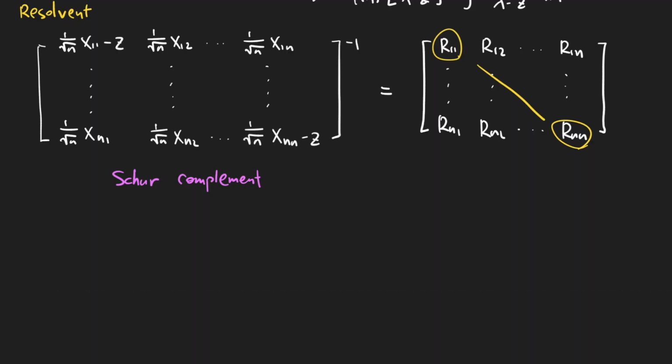The formula is that when we have a matrix in block form, let's say we have A here, and then B transpose, and then D. If we want to take the inverse of it, X inverse, and we are only interested in the first entry, that equals A minus B transpose D inverse B, and we take the inverse of it.